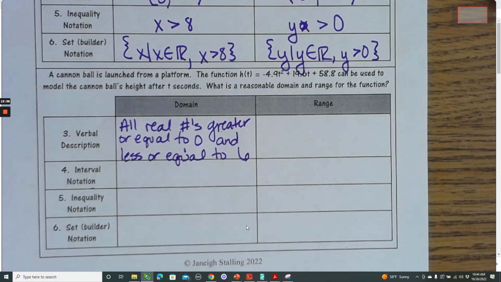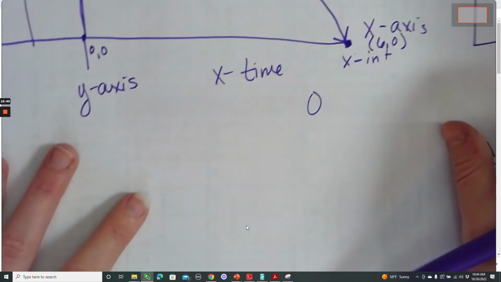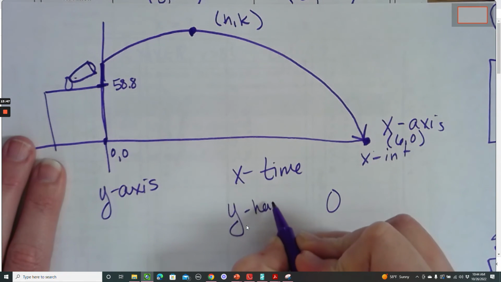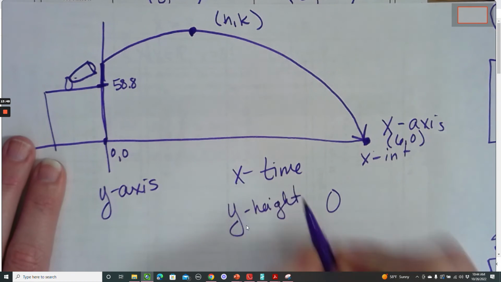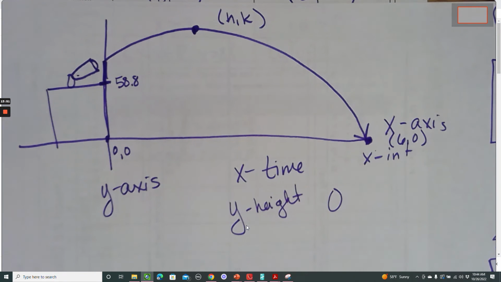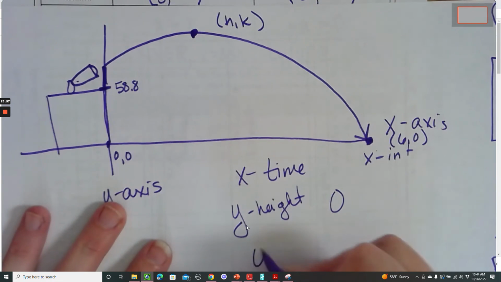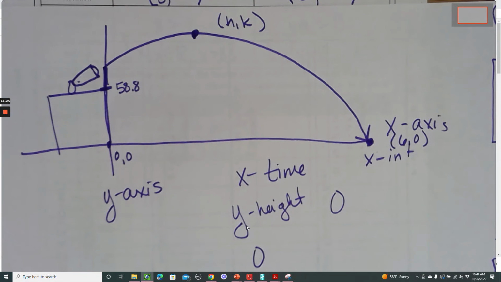All right, my range, my y value. We're talking about height. So what's the lowest that this cannonball can get? Ground. What number represents the ground? So 0. What's the highest this cannonball gets? The maximum, right?